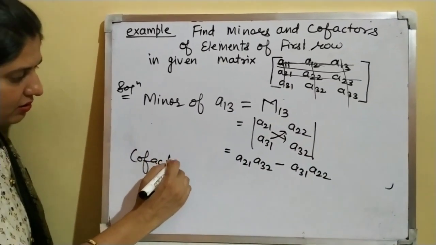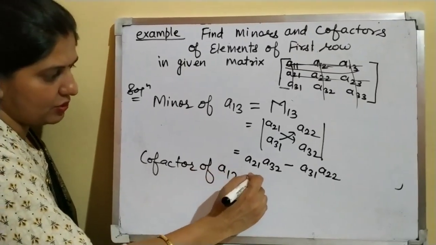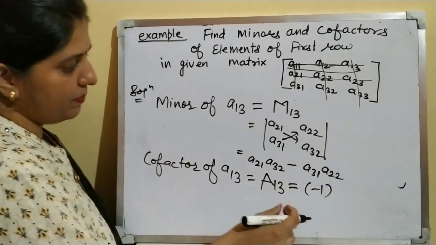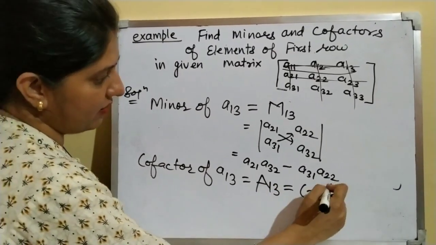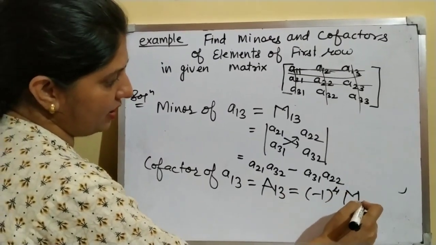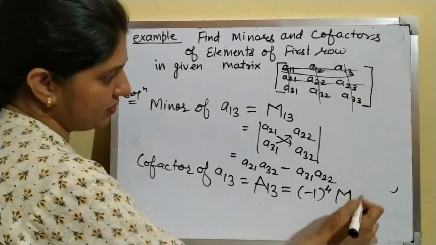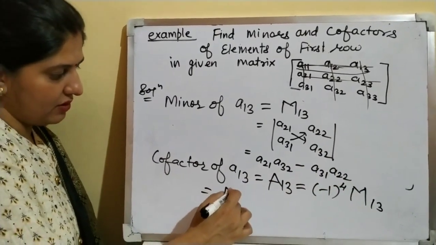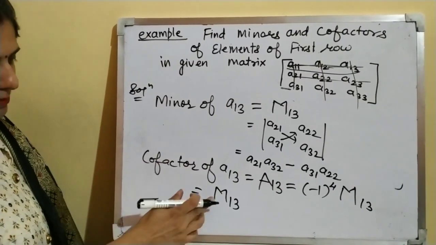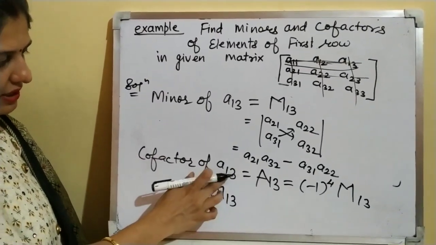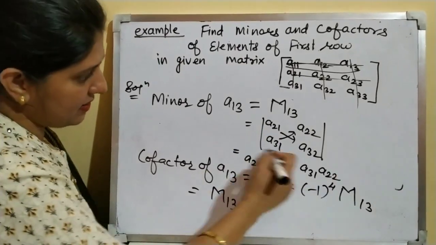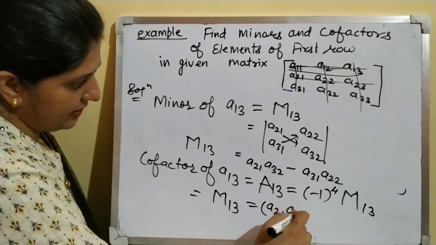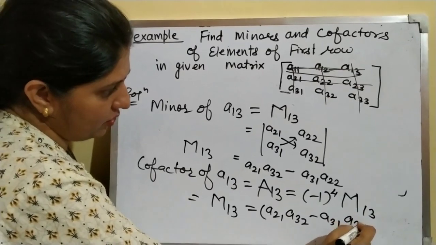And the cofactor of the same element is denoted by capital A13, which is equal to minus 1 to the power sum of the suffix 3 plus 1, 4, into the minor of the element A13. So what we get? Power is 4, power is even, so the answer is positive. The answer is equal to M13, meaning the minor of the element A13. So write the answer here. It is M13: A21, A32 minus A31, A22.